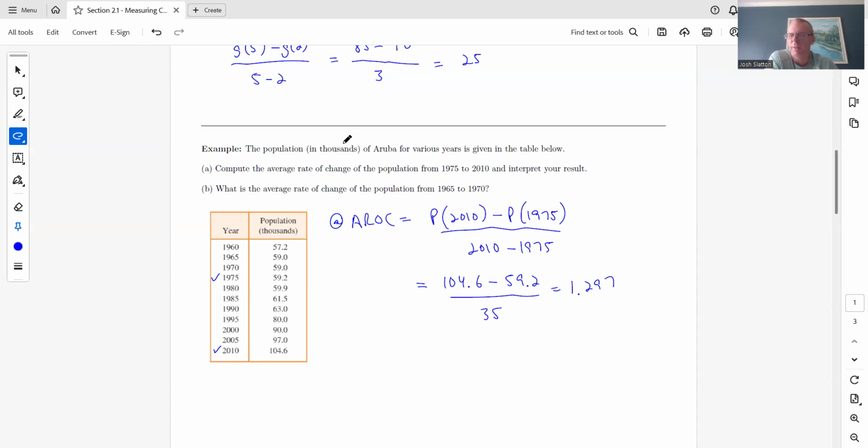And here the units of population is thousands, so we could convert this to 1297, because the population is measured in thousands. The interpretation here would be, and I'll write it out just for the sake of time, that the population is growing by 1,297 people per year on average. So when you interpret the average rate of change, think about what the units for the slope would be. You get the units: it's just the y units per x unit.